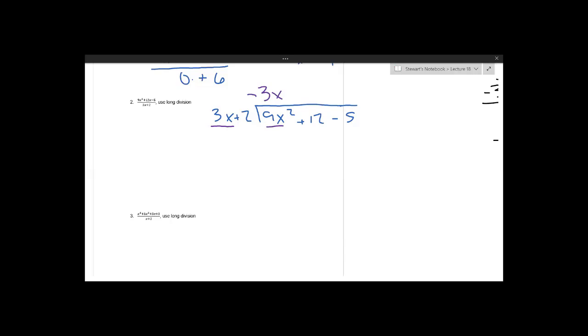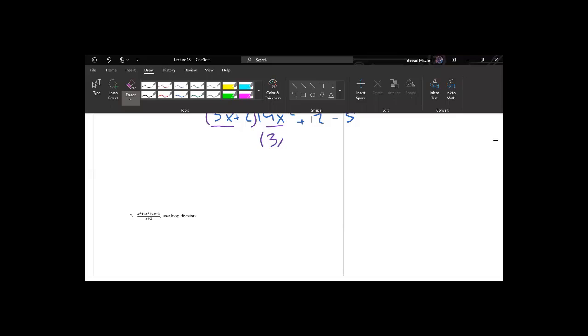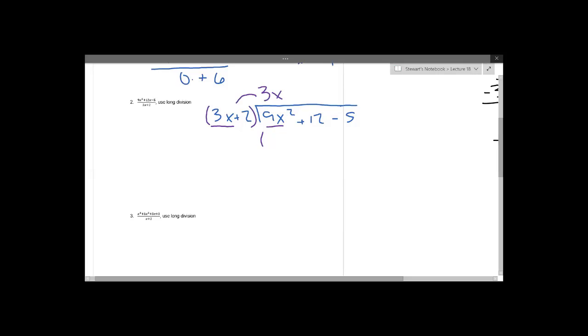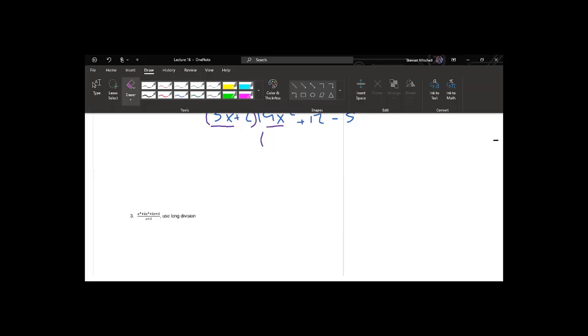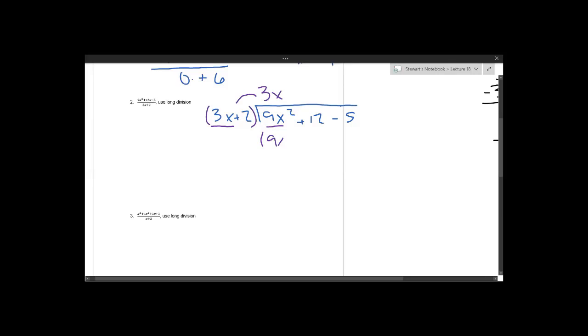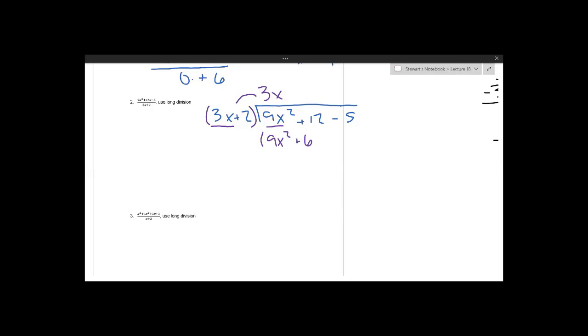And then we're going to multiply that to this entire expression. So we're going to end up evaluating here. I'm sorry, that should not be 3x squared. Nine x squared plus 6x. And I'm sorry, there should also be an x here. I don't know why I forgot that.